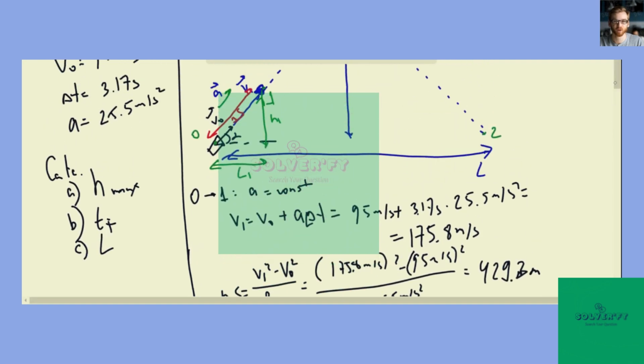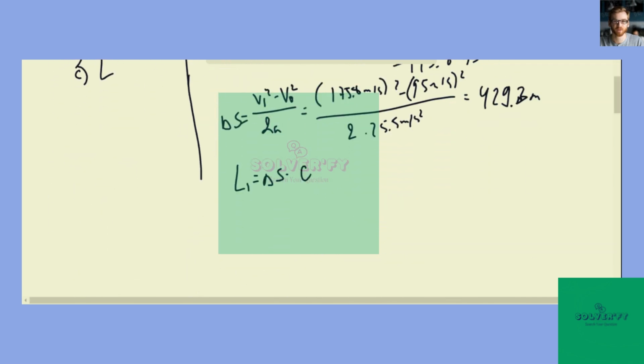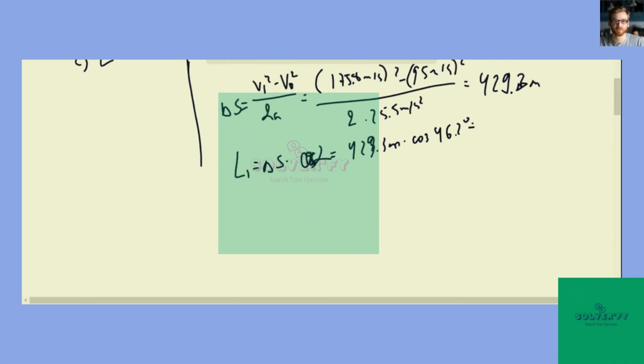So that's the total displacement, and from this triangle we can find L1 as delta S times cosine alpha, or 429.3 meters times cosine of 46.2 degrees. It equals 297.1 meters.